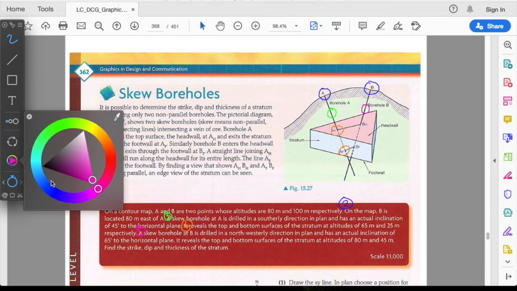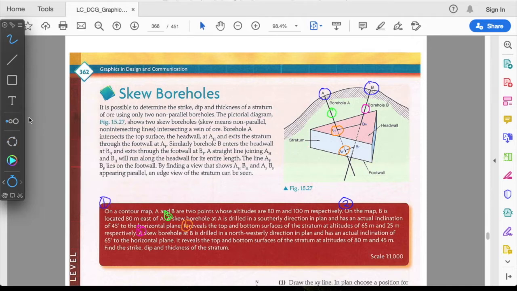And then the final piece of information reveals the top and the bottom surfaces of a stratum at altitudes of 80 meters and 45 meters. So the 6th piece, the last piece of information, tells us where the BH is and the BF is. And then the question is to find the strike, the dip, and the thickness of the stratum.